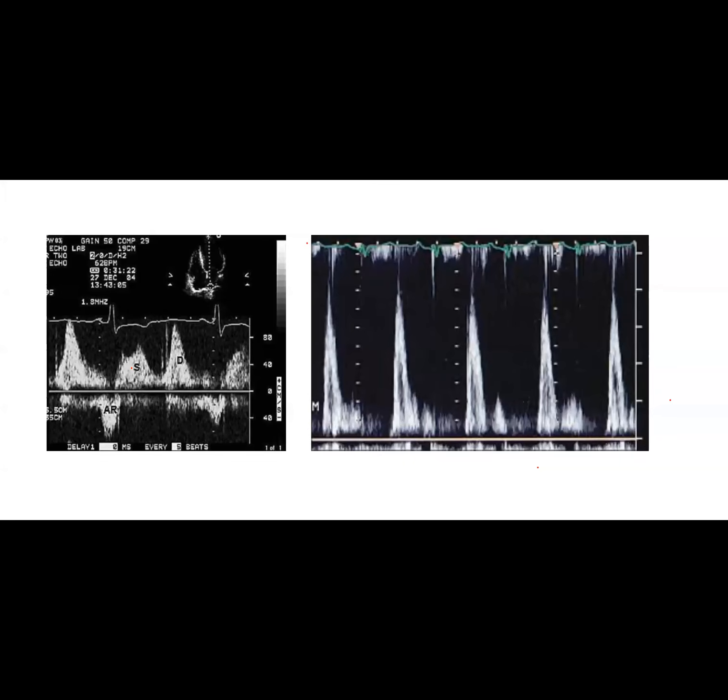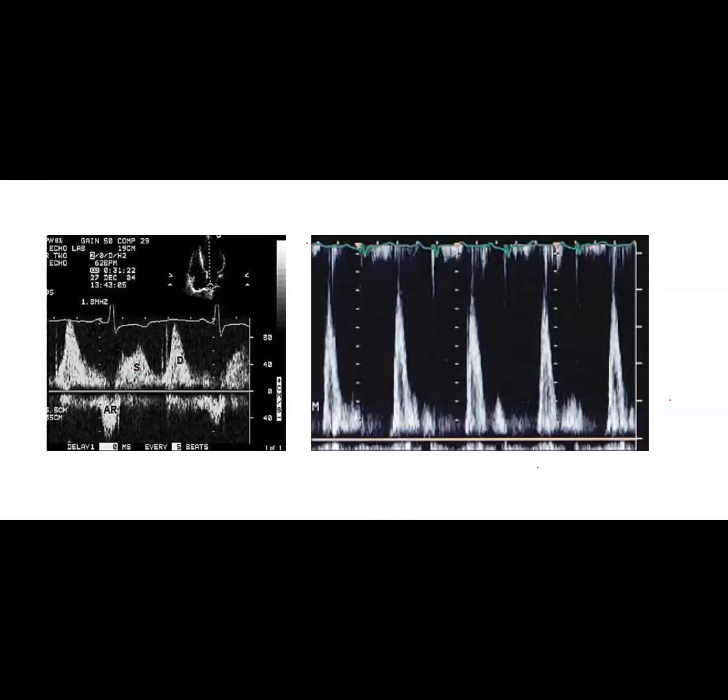The other thing about diastolic dysfunction in the pulmonary venous Doppler: the more diastolic dysfunction you have, the lesser the S, the more the D, and the more the AR. Again, the more diastolic dysfunction you have, the lesser the S, the more the D, the more the AR. You agree? Yes. Yeah.